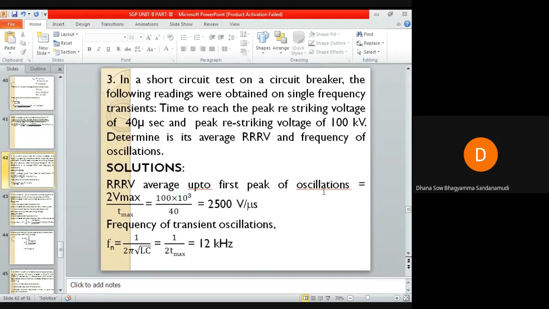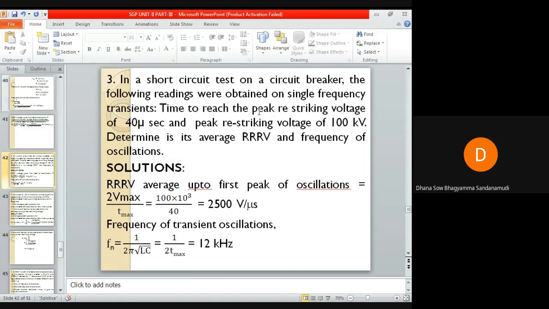So the average rate of rise of restriking voltage is 2V max by Tm. The 2V max value is given, that is the peak restriking voltage of 100 kilovolts. Peak means the maximum value of restriking voltage.